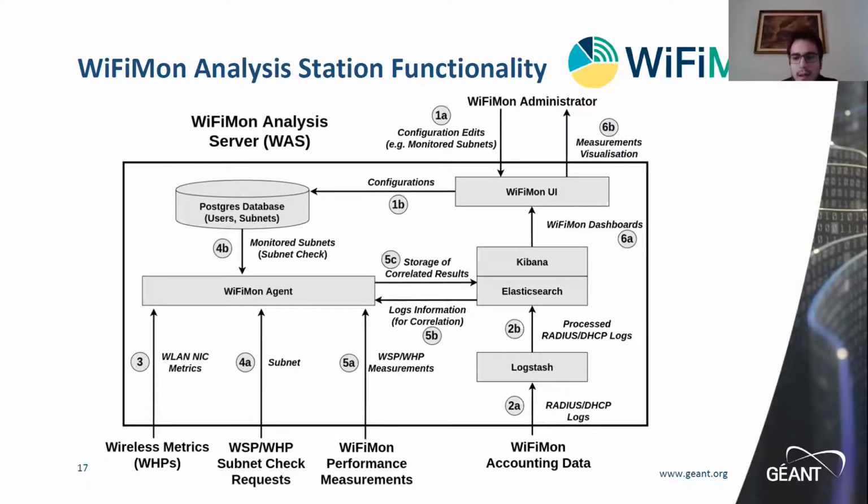Regarding the accounting data, RADIUS and DHCP logs, we have a Logstash instance that stands before Elasticsearch, which is used to anonymize sensitive information, such as the MAC address of the end user device and the IP address of the end user device. And finally, we provide dashboards in order for the administrator to visualize the results.